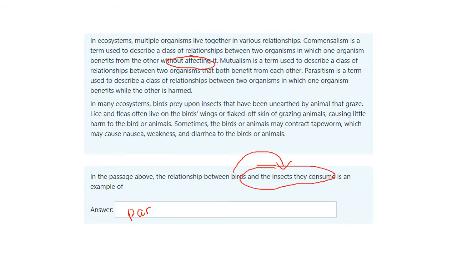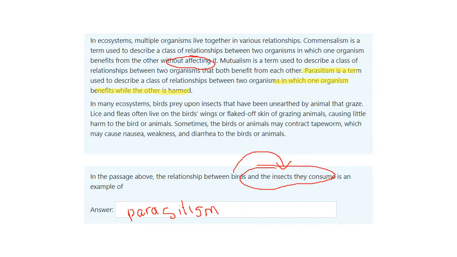But normally, a parasite is something that lives on something else. So, for example, the worm that lives inside the intestine, or the tick that lives on the dog. But simply according to this passage, parasitism is where one organism benefits and the other is harmed.